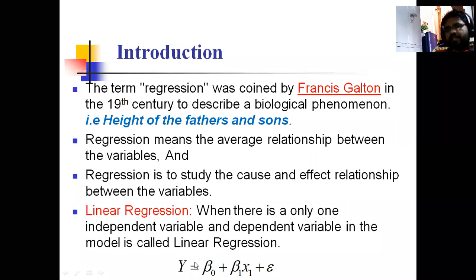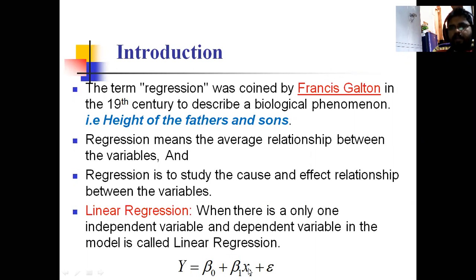In linear regression, there is only one dependent variable and one independent variable. So you can take the example y = beta 0 + beta 1 x1 + epsilon, where y is the dependent variable, beta 0 is the constant or intercept, and beta 1 is the coefficient, slope or parameter.